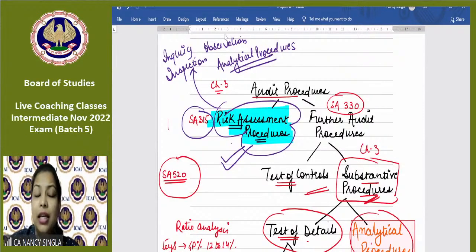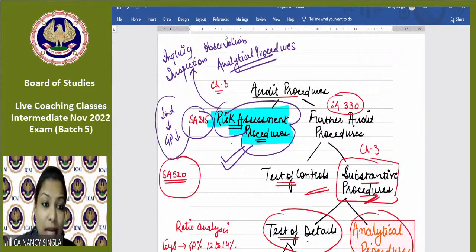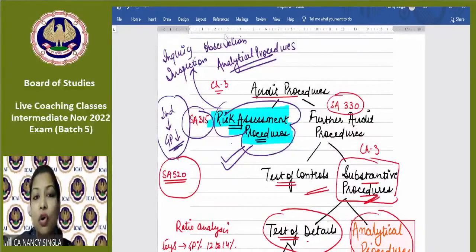So it is expected, since the other companies in the similar industry, there is a fall in their GP ratio. So the auditor is expecting a fall in the GP ratio of the client also. So what has the auditor done? He has calculated the average GP ratio of the various other companies in the similar industry, which is event management companies. And since he saw that the Corona period has impacted it a lot, there is a fall in the earning of the company, the GP ratio.